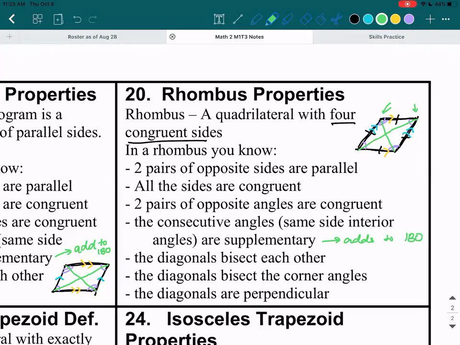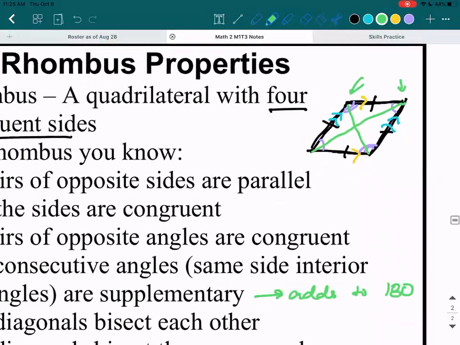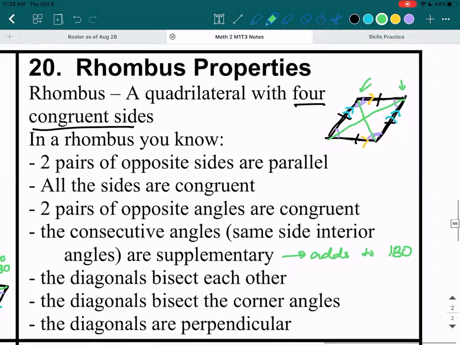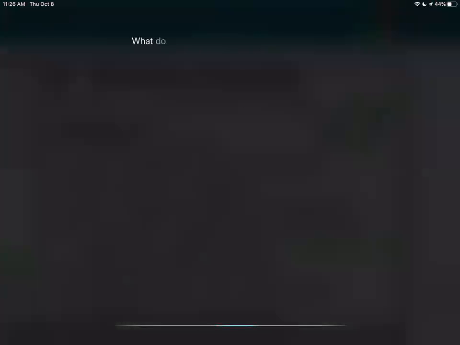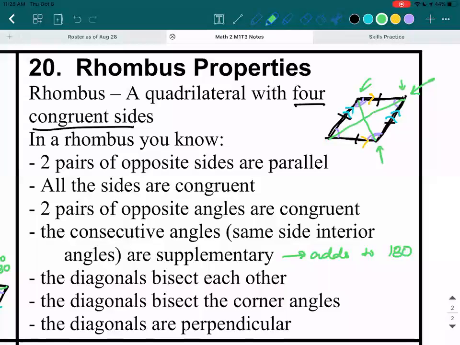The diagonals also bisect the corner angles. So if I zoom in more over here, I guess I shouldn't zoom in that much. If you look at this corner, that purple angle got cut exactly in half. Zoom in over here. Oh no. I don't need you, Siri. Okay, my bad. If you zoom into that angle on the bottom, this one, it also got cut in half.